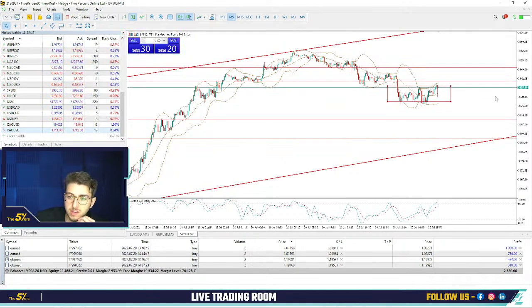It will be very interesting to get the correlation between the dollar and the S&P or the Nasdaq. Let's say the S&P in the last 2 or 3 months, I think there is an important negative correlation. So when the dollar goes down, the S&P will move up.